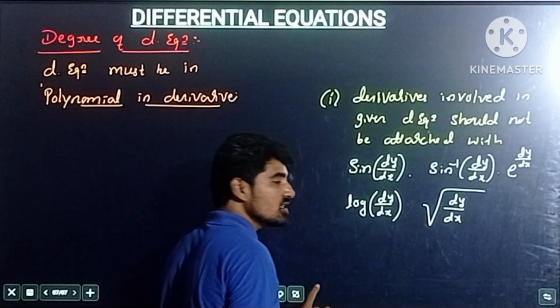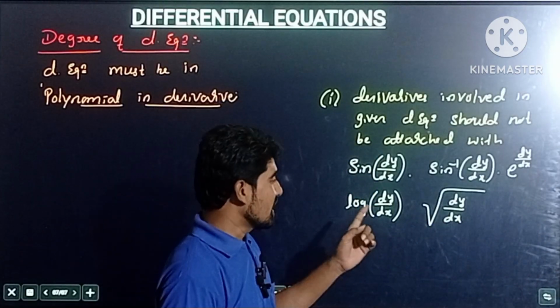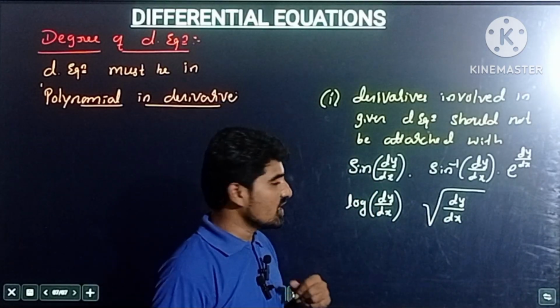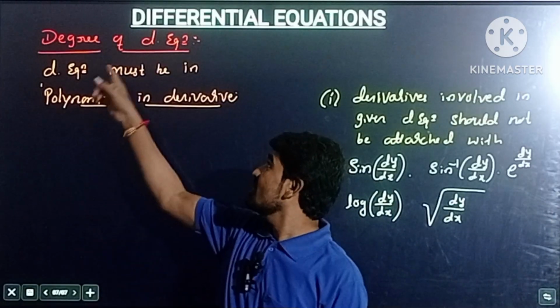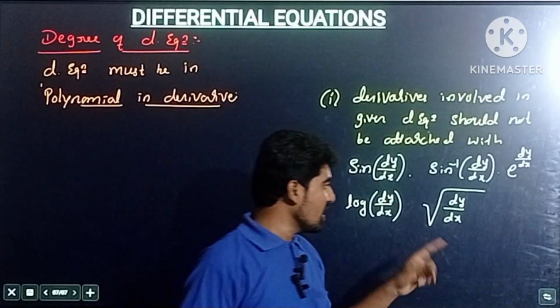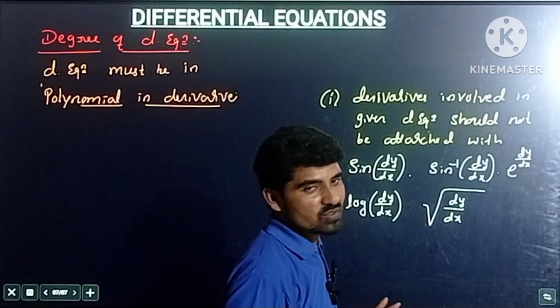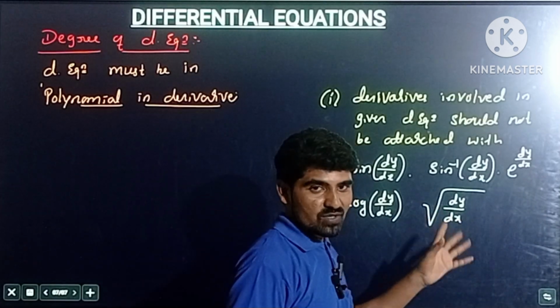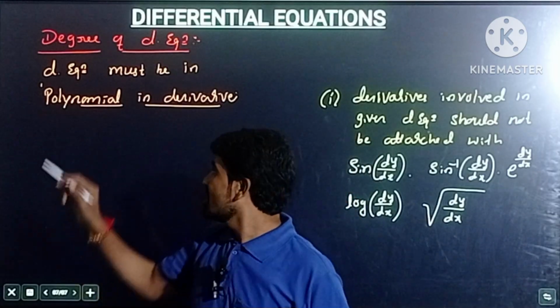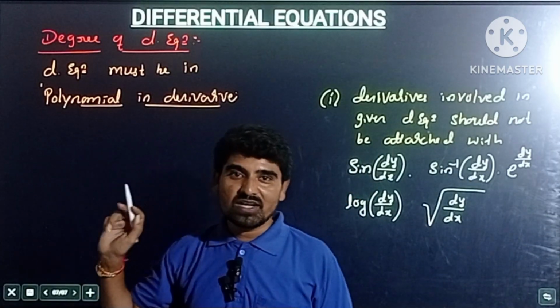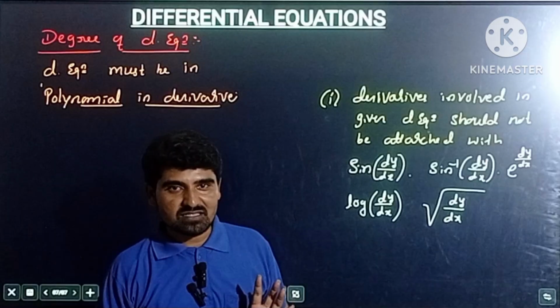In some cases we may eliminate the square root, and then we can determine its degree. If we are not able to eliminate the square root, then the given differential equation is not a polynomial in derivative, and its degree does not exist.